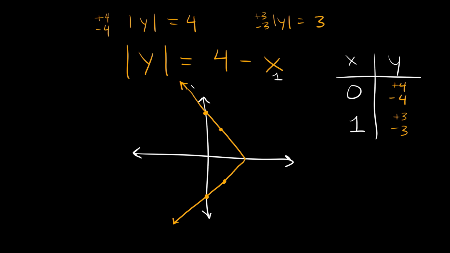So the graph of this one looks something like that. Okay, but now this time, if I draw a vertical line through the graph, like so, you can see that it hits it at 2 different points. So that means that this graph and this original equation, again, are not a function.